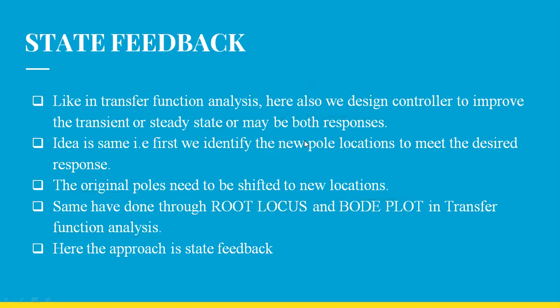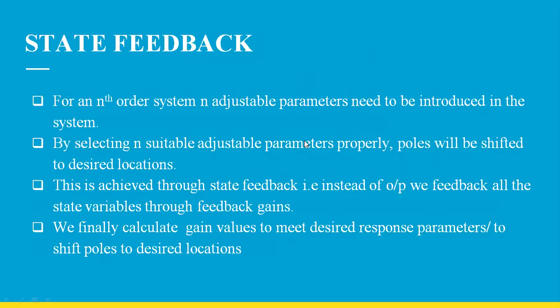So let us see what state feedback is. The idea is that for an nth order system, we should inject n adjustable parameters in the system, so that these n adjustable parameters make changes in the system such that the poles are shifted to the new or desired locations. We introduce these n adjustable parameters through the state feedback concept.